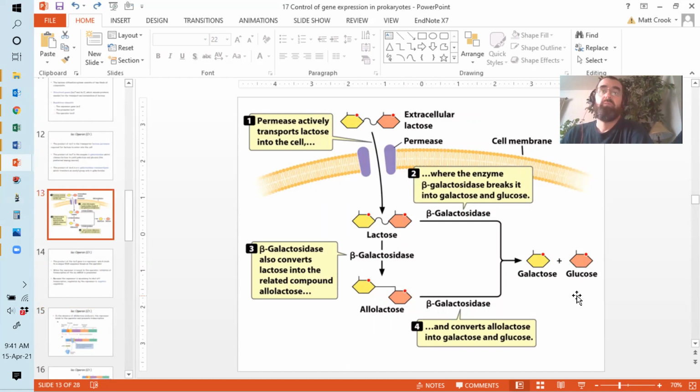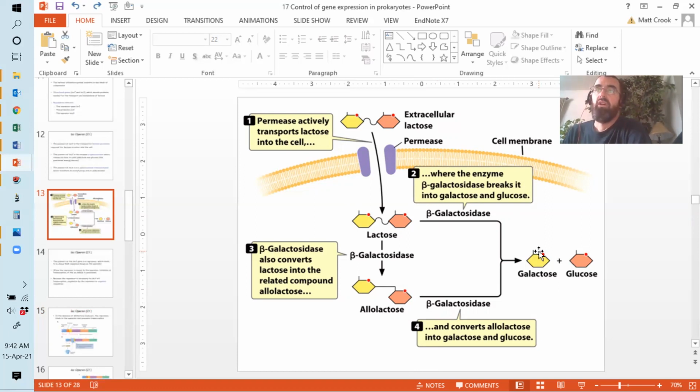So if glucose is present, we don't want to have a lot of this going on. If glucose is present and lactose is not present, we don't want any of this, right? If lactose is present and no glucose is present, we want lots, right? So you can see there's a bunch of different conditions here that we need to balance out the expression of the lac operon.